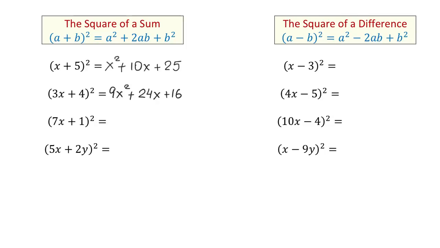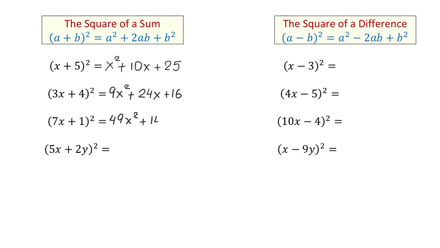Let's start with raising 7x to the second power. 7x to the second power is 7x times another 7x, and that is 49x squared. Next, we will multiply 7x and 1. 7x times 1 is still 7x, and then we will double 7x. 7x doubled is 14x.